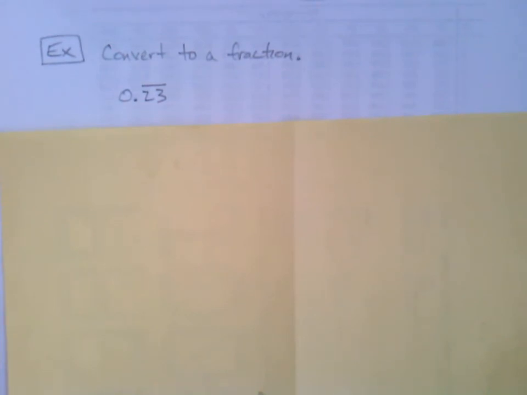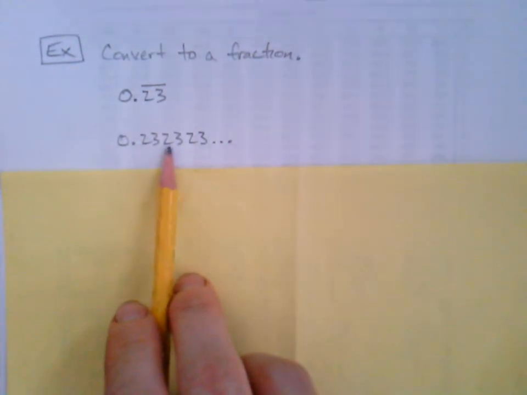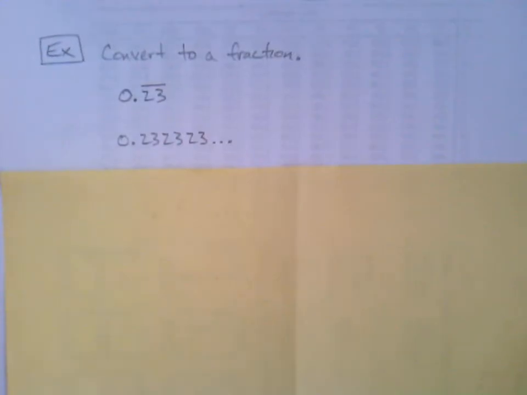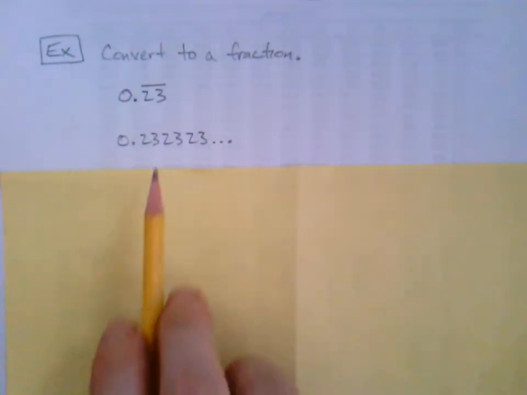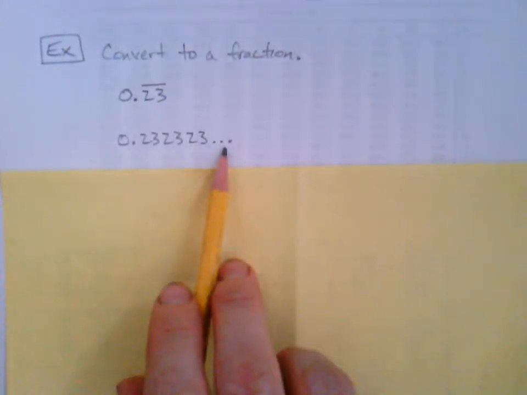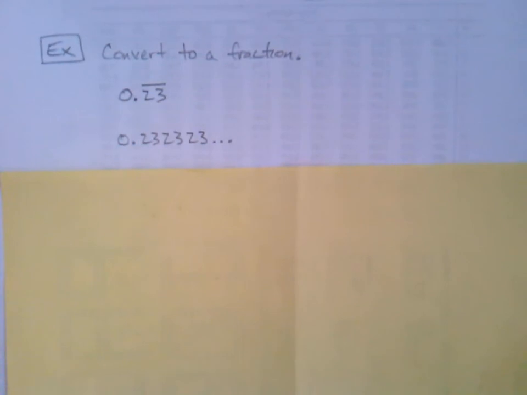Okay, so let's look at 0.23 with the bar. As you probably know, the bar means those repeat. So this would mean 0.23, 23, 23, and so on. We're going to represent that infinitely long decimal with a geometric series.